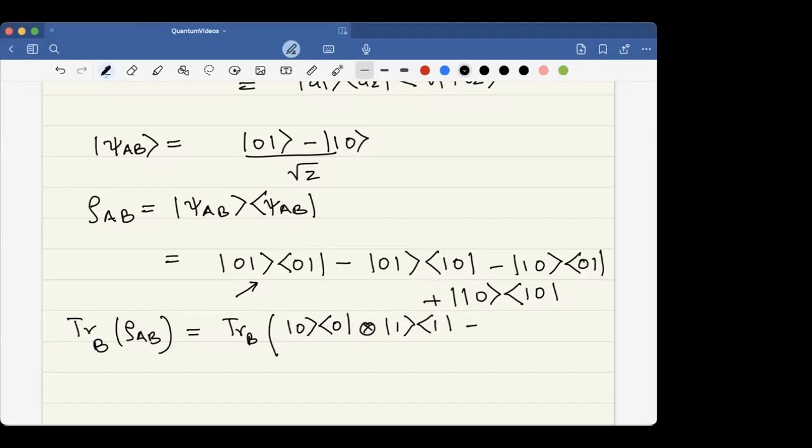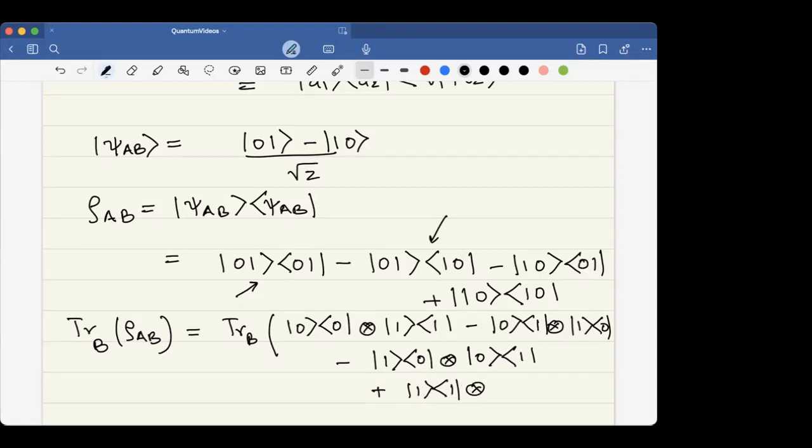So this will be minus ket 0 bra 1 tensor ket 1 bra 0, and minus ket 1 bra 0 tensor ket 0 bra 1, and plus ket 1 bra 1 tensor ket 0 bra 0.